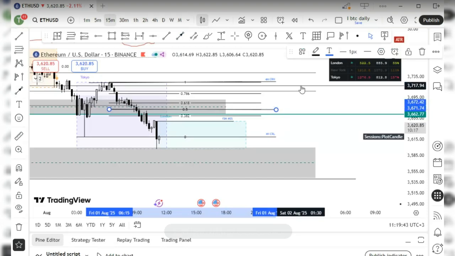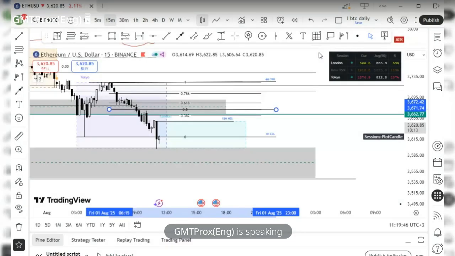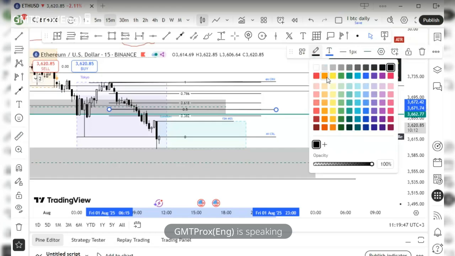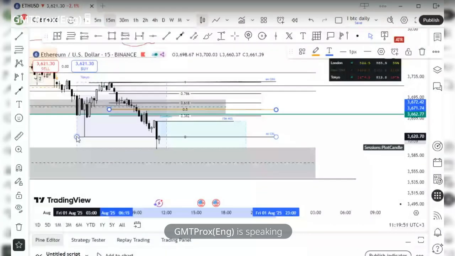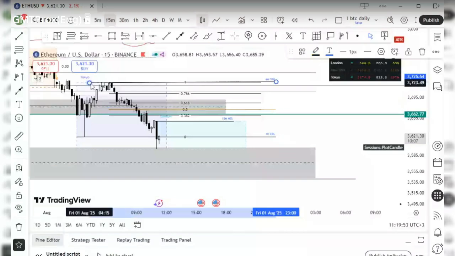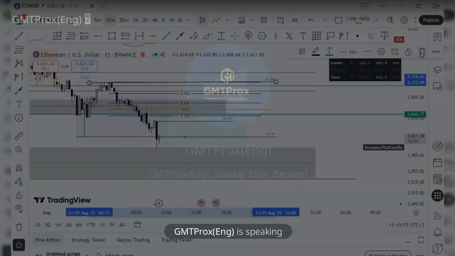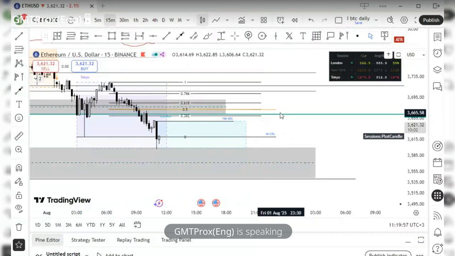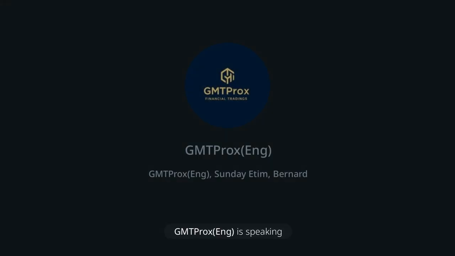You can put a color like this, and then delete your Fibonacci retracement. And you name this as your equilibrium.